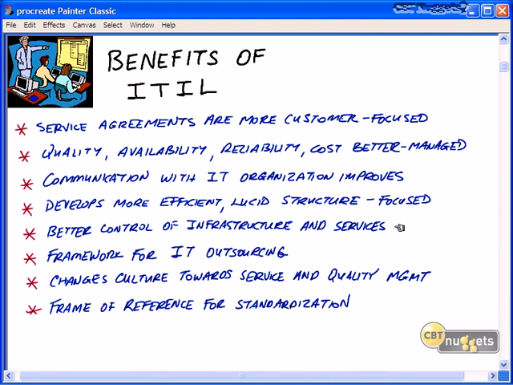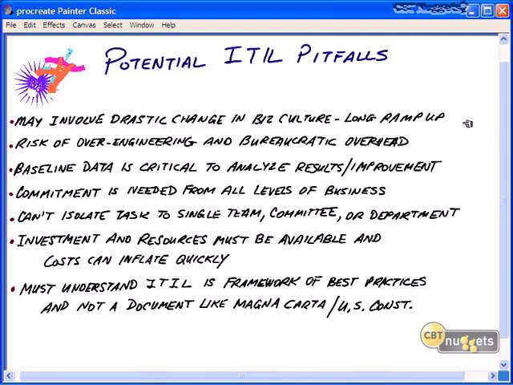It provides a standard framework for IT outsourcing, which is such a popular solution nowadays. ITIL changes the culture towards service and quality management, away from just simply a results-oriented approach. And it gives us a frame of reference for standardization as we interoperate with other companies, other vendors, other solutions across the globe.